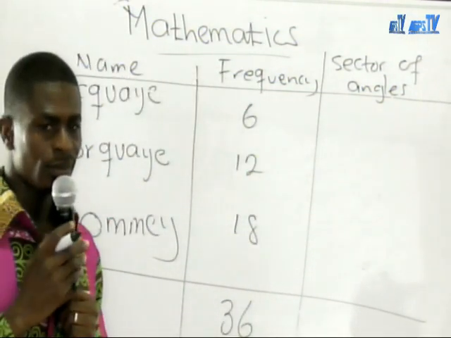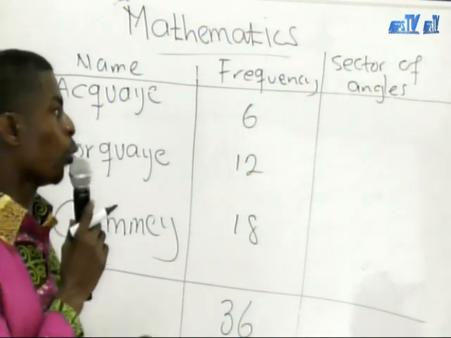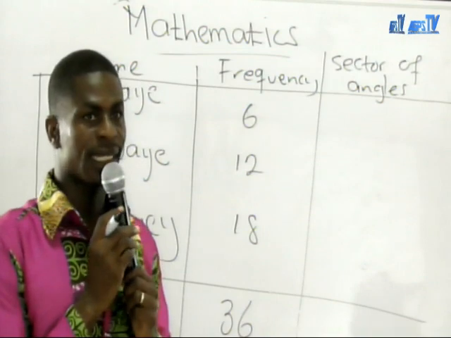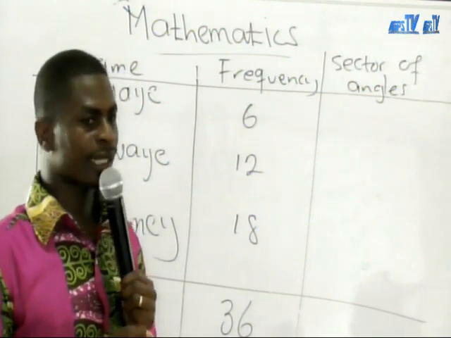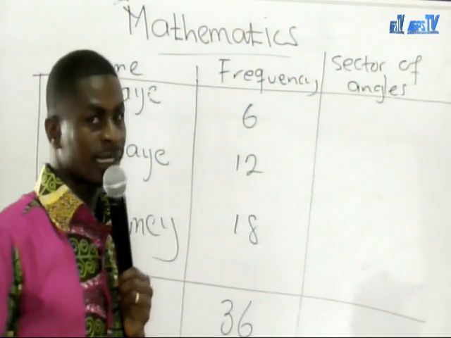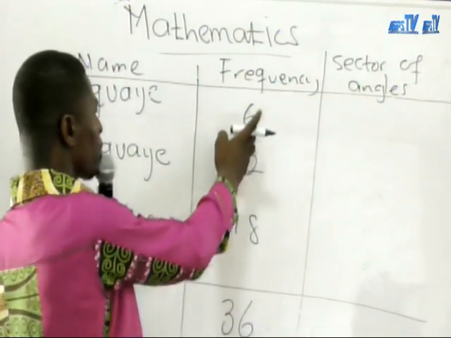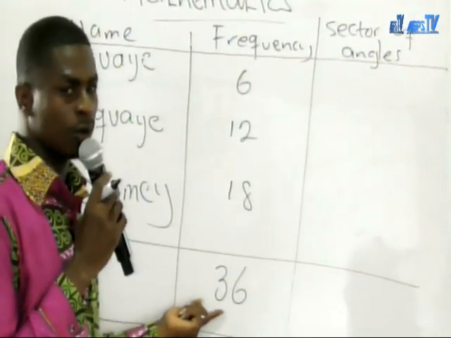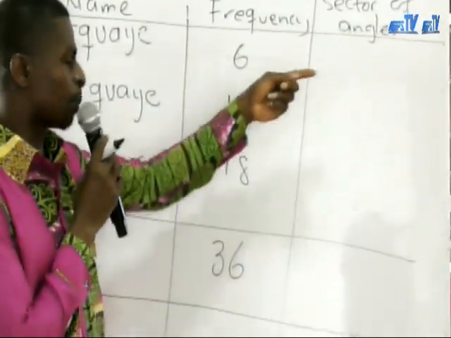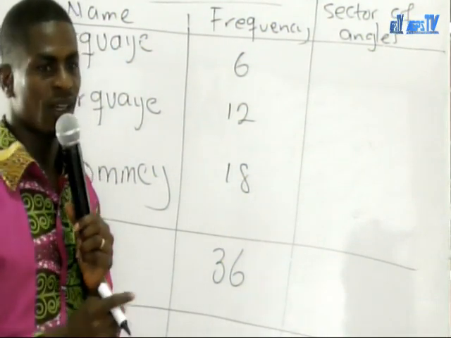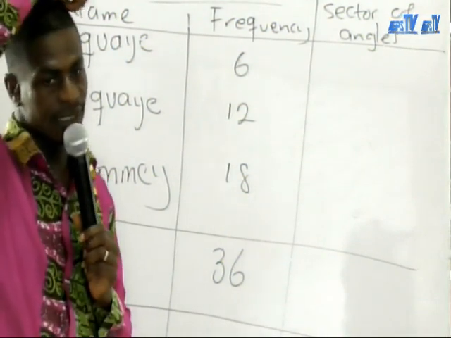Then, finally, to be able to calculate the sector of each angle, it is important to pick the frequency for each category, divide it by the total number of frequencies, and multiply the result by 360, since the total circumference of a circle is 360.